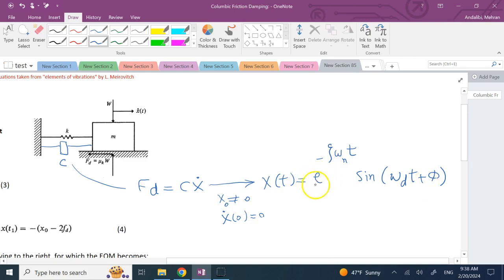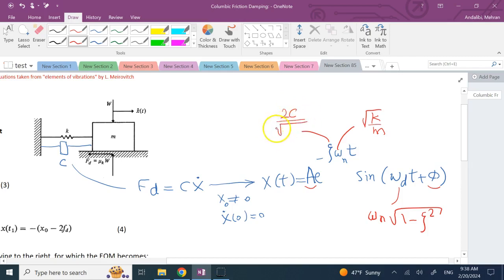And here it can be multiplied by some A as well, where this A and phi are coming from initial conditions, and omega d here is omega n times square root of 1 minus zeta squared, and omega n is square root k over m, and this zeta is basically c over 2 square root of km.